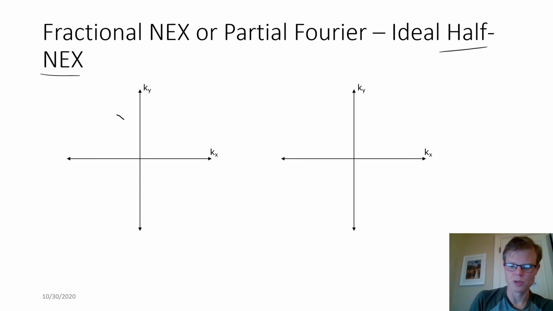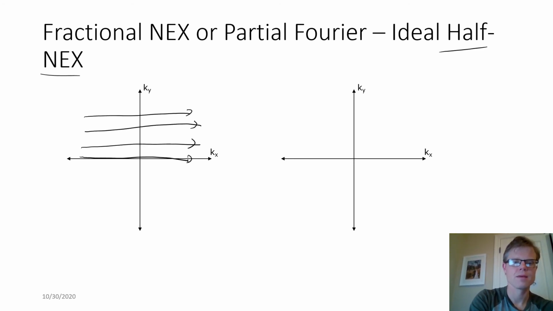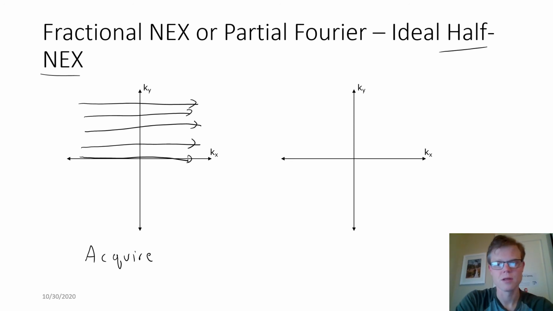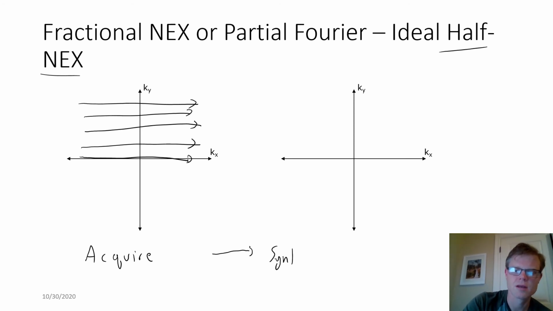What we're going to do in this case is acquire our K-space data on one half of K-space, and this can either be half of the frequency encodes or half of the phase encodes. And then we're going to synthesize the rest of K-space.